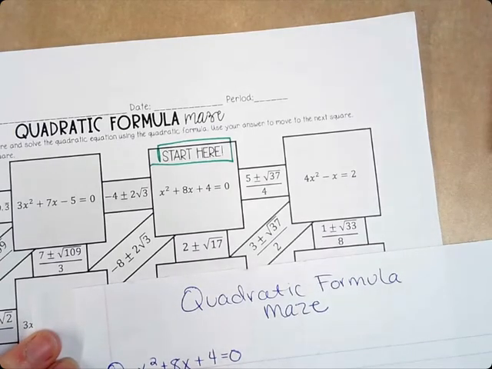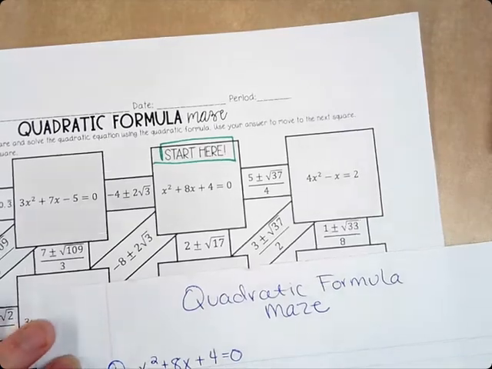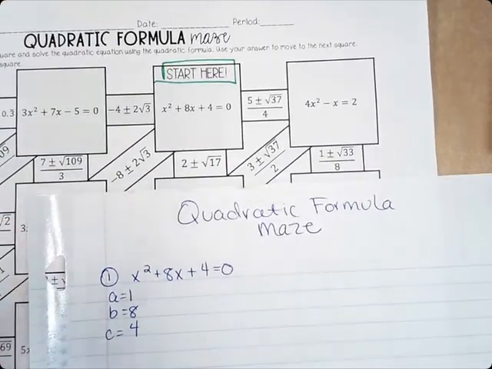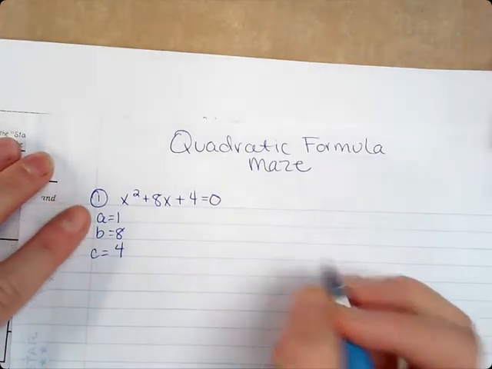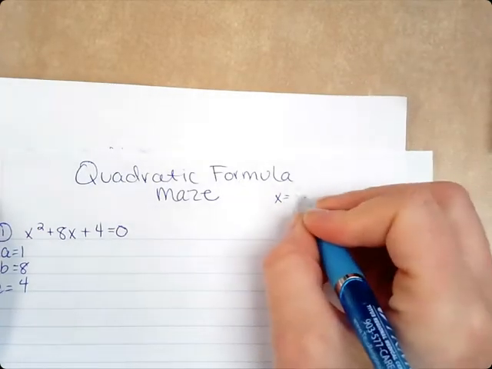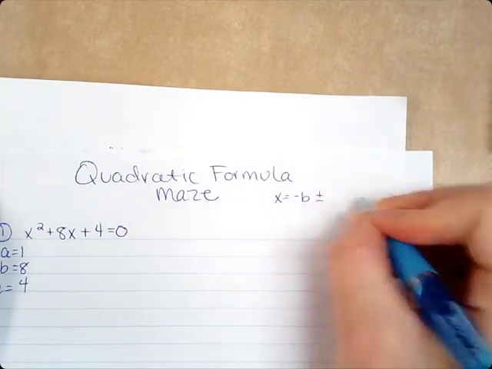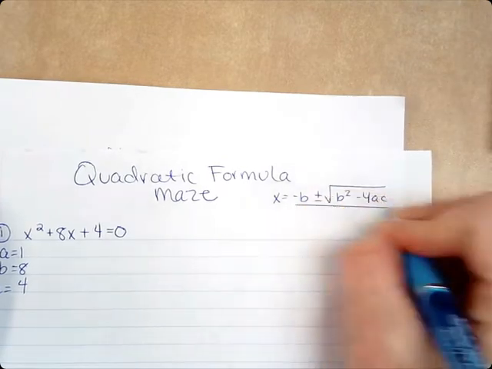So A is 1, B is 8, C is 4. If you've already done the first one, you can move on to the second one and start working on that. And I'll help you with the second one too. I'm going to write my formula over here: x equals negative b plus or minus the square root of b squared minus 4ac, all over 2a.